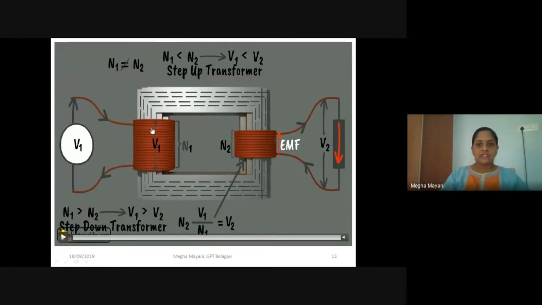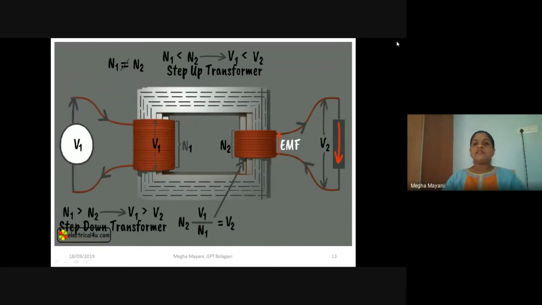Similarly, in this example or in this image, obviously we can make out N1 is greater than N2. That is, the number of turns in the primary is greater than the number of turns in the secondary. So in that case, the supply voltage V1 is greater than the voltage available across the secondary or the load. Such transformers are an example of step down transformers.